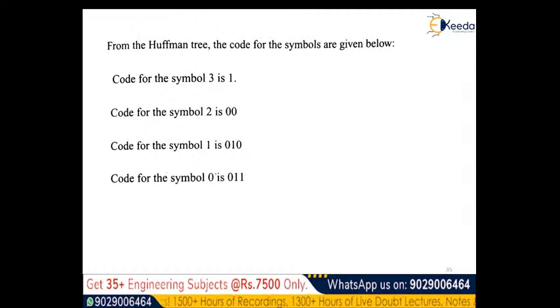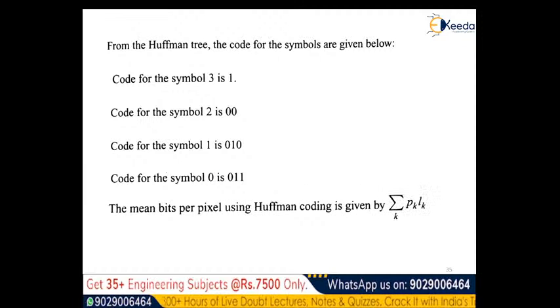Now we have the mean bits per pixel using the Huffman coding, given simply by the summation over the index variable k of the multiplication of p suffix k into the length l suffix k.